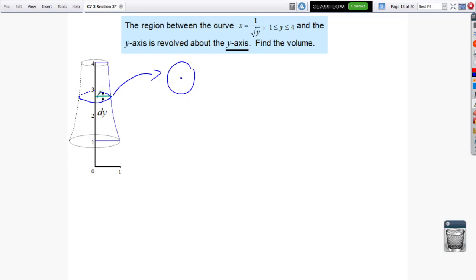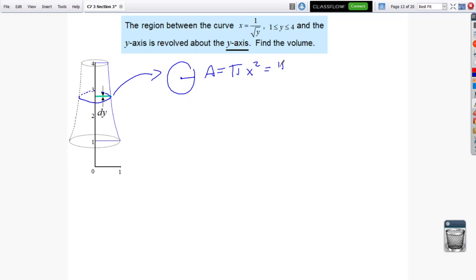Now notice that the radius is drawn in here for us. I draw my radius like this. Since my discs are sliding up and down, the thickness of each disc is delta y, and when we make that negligibly thick, it becomes dy. Why do I do that? So that I recognize when I have the area, I'm going to have pi r squared, but in this case my r is x, so it's pi x squared.